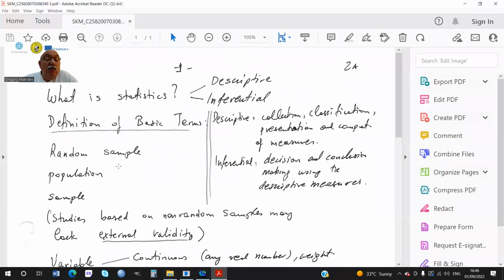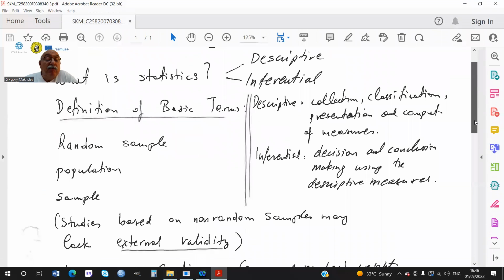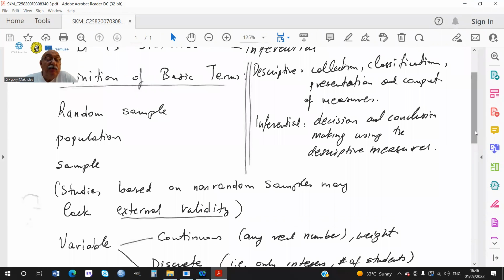Let's now discuss some other definitions. Some language we'll be using, like the random sample. A sample is a subset of a population. If we are investigating a full city, let's say the city of Limassol in Cyprus, then all citizens of the city are a population.